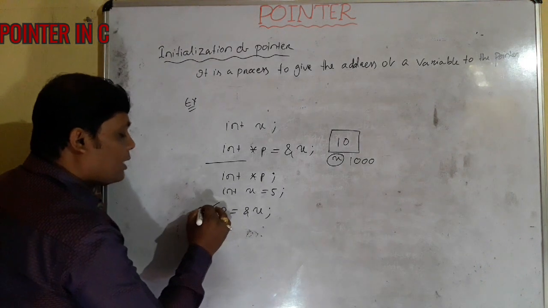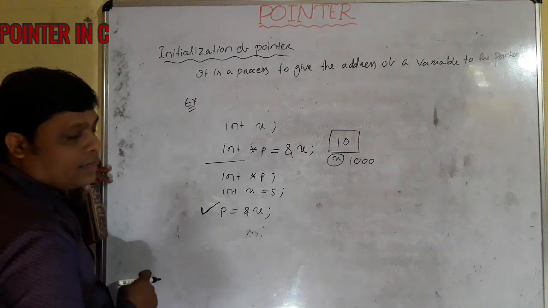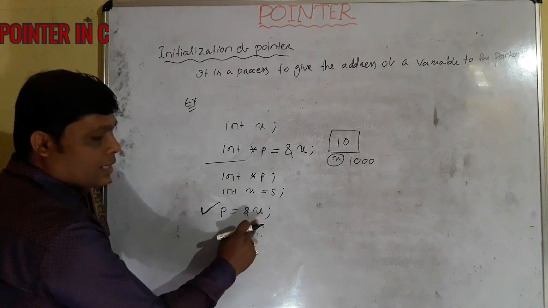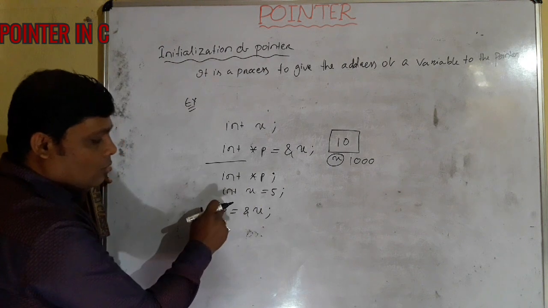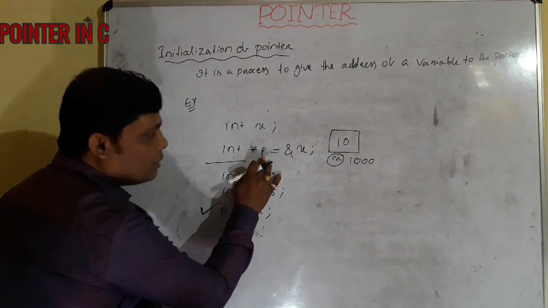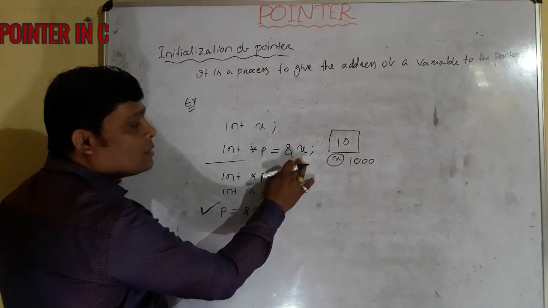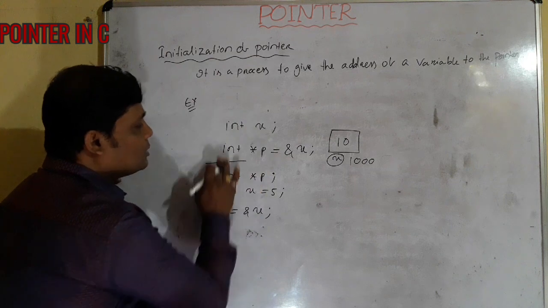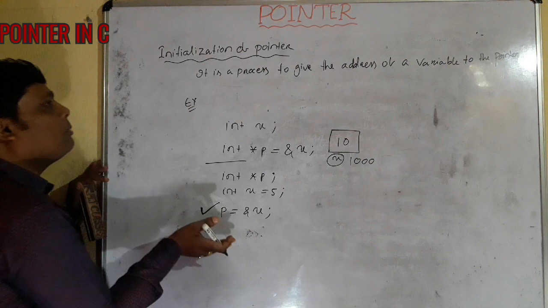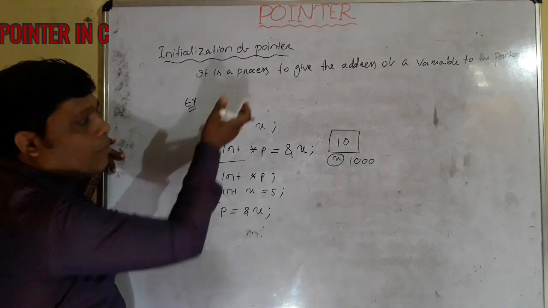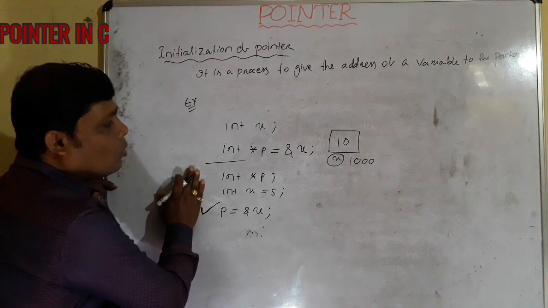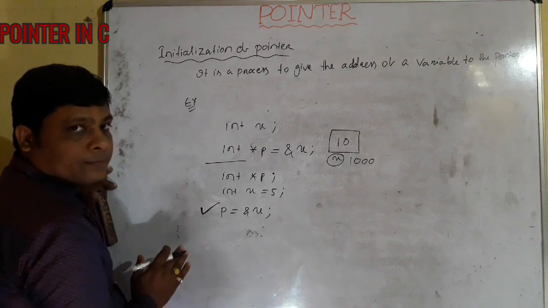So I can assign the address of a variable like this. After declaration, I am assigning the variable's address to the pointer, or at the time of declaration of the pointer, I am assigning the address to that pointer. This is called initialization. So in this way, I can give an address to a pointer. Clear? So pointer holds address.